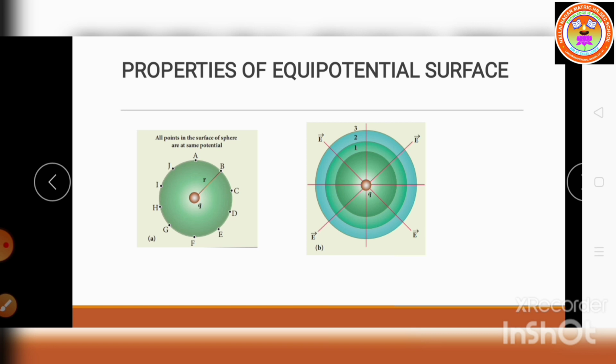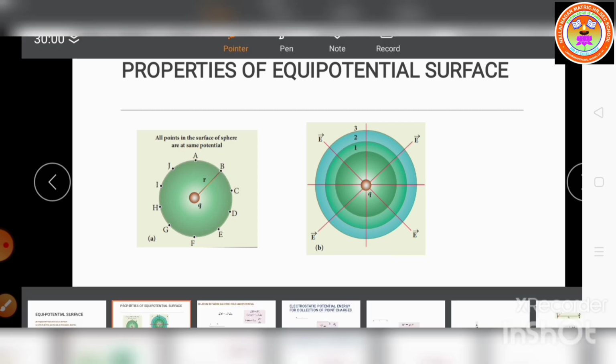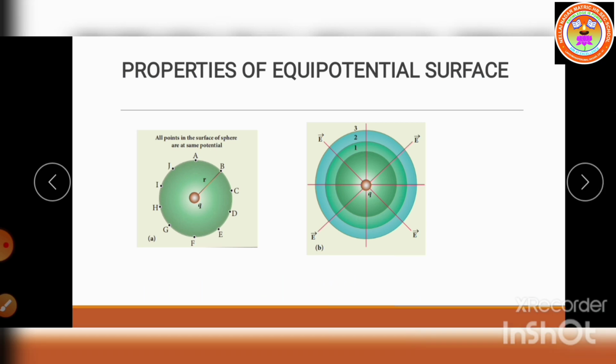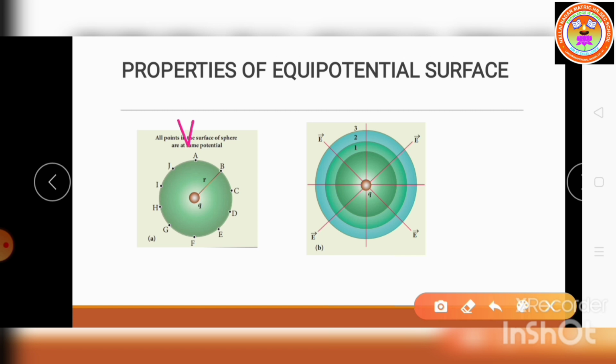Let us take the first diagram. In the first diagram, I have taken the points A and B. The point A has potential VA, and the point B has potential VB.